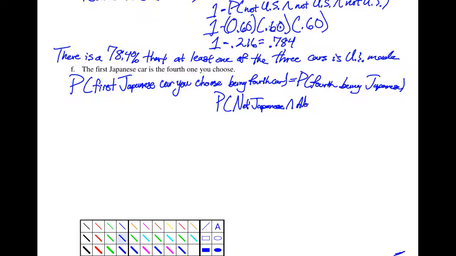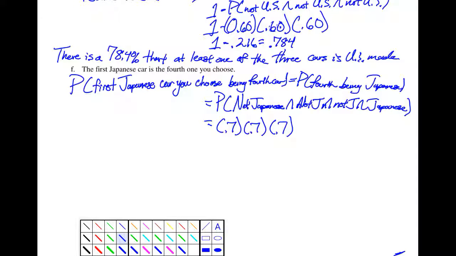I'm going to write not J here just to save some space, times not J times Japanese, because we want that fourth car to be from Japan. So that would be 0.7 times 0.7 times 0.7, because the probability the car you select is not Japanese is 70%, as the probability that it will be Japanese is 30%. So the probability of it being Japanese is 30%, and that would get you 0.1029.